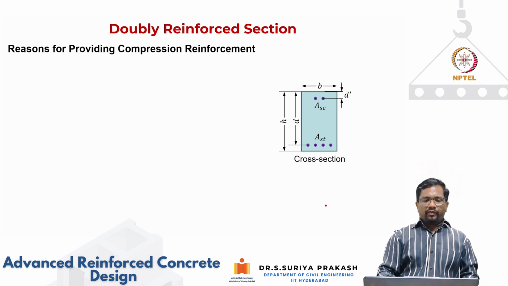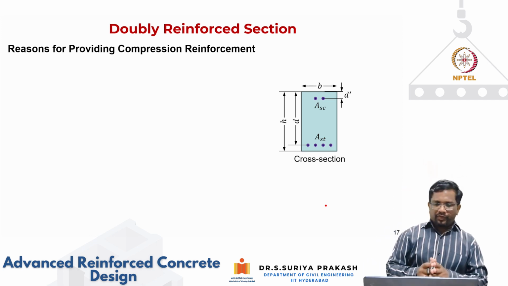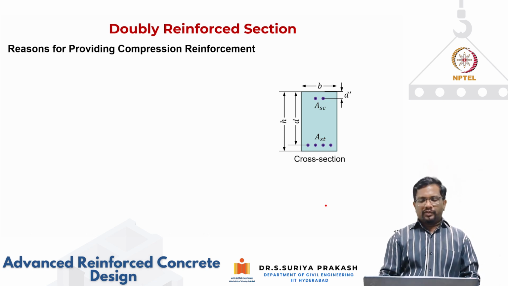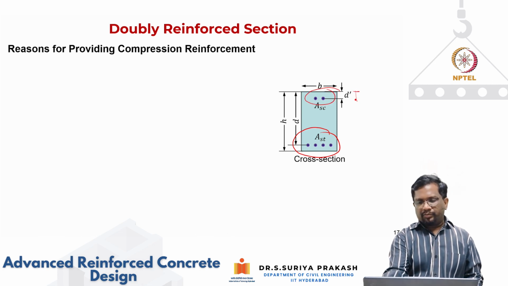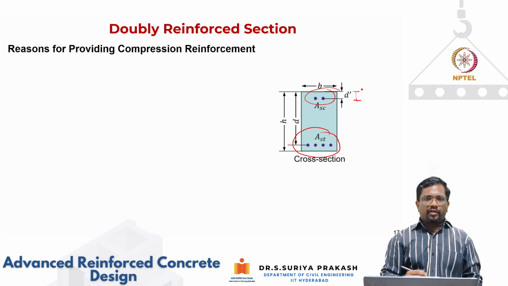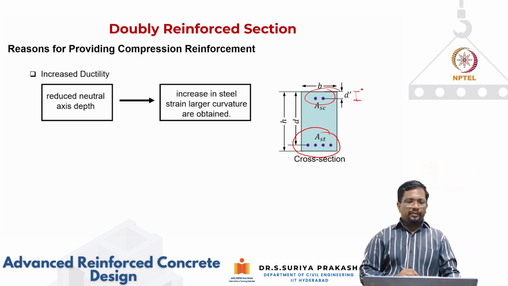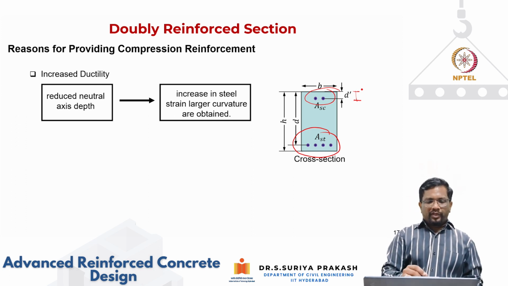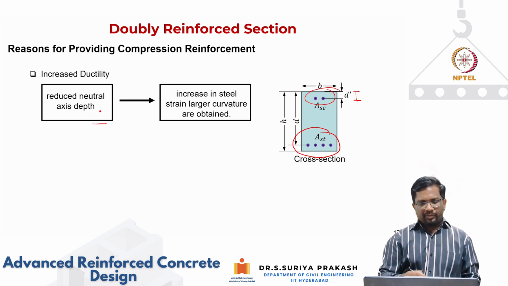Now let's see from the internal force point of view, when do we go for it? So we have taken this section, a simple section with reinforcement on the tension side and on the compression side. Now the compression steel is put at a distance of effective cover of d prime. Now when you add this compression steel, you end up with a smaller neutral axis depth to achieve the force equilibrium.